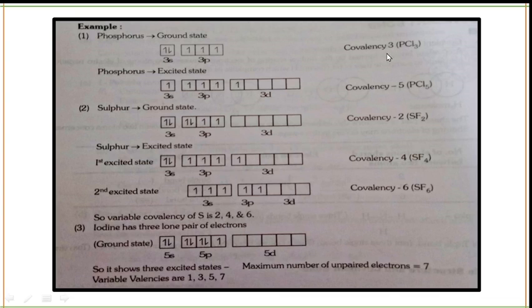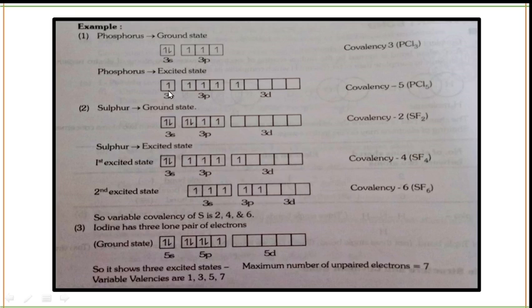When the valency of phosphorus is 3, it combines with 3 chlorine atoms and forms PCl3. While if you see here the excited state of phosphorus, the paired electron present in the 3s orbital jumps into the 3d orbital where all the electrons are unpaired.